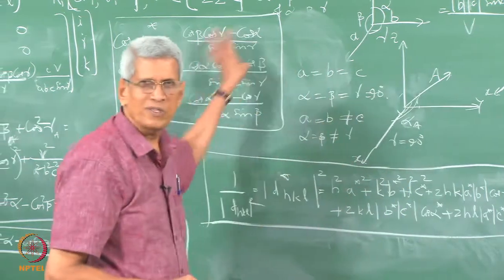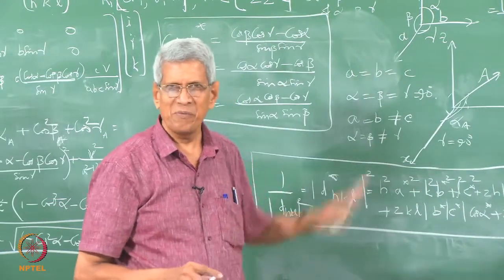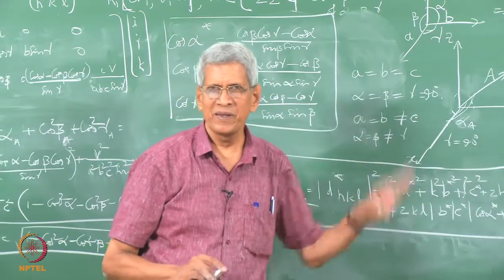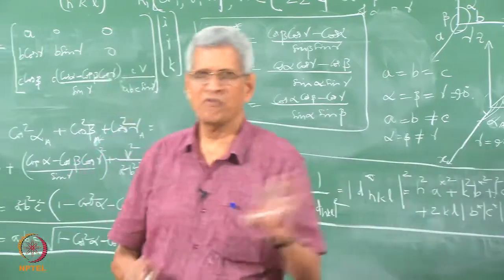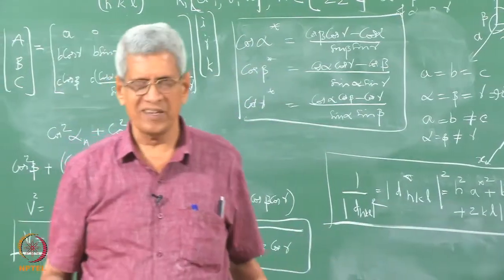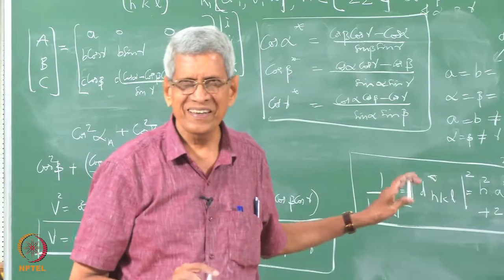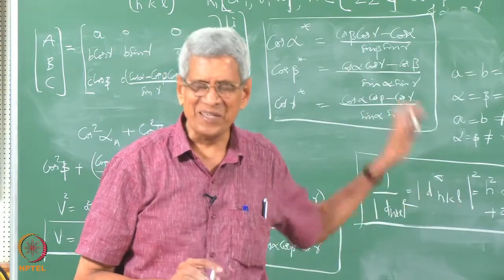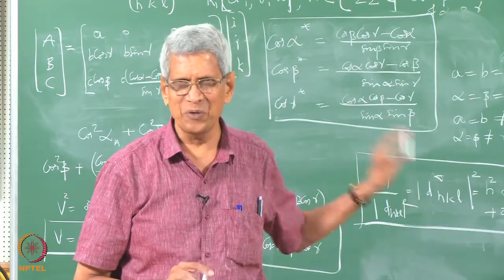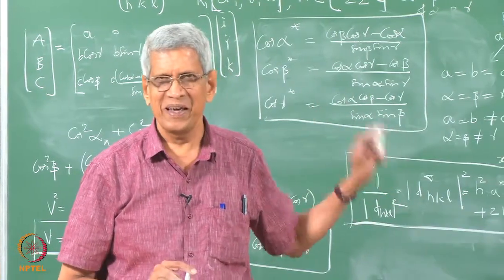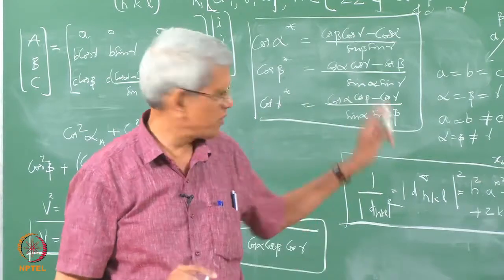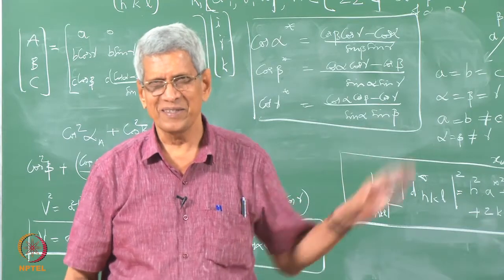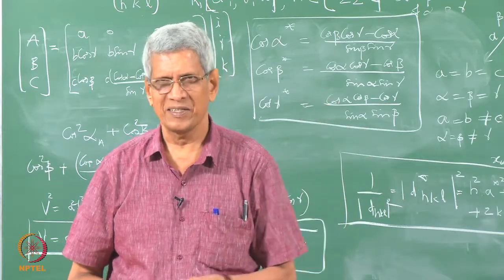So, now we know how, using these expressions, we can derive the d-spacing formula for various crystal structures. I am not going to do that because I have already given a very general formula, and how to derive it, and using this formula one can find expressions for the interplanar distance for various crystal structures.